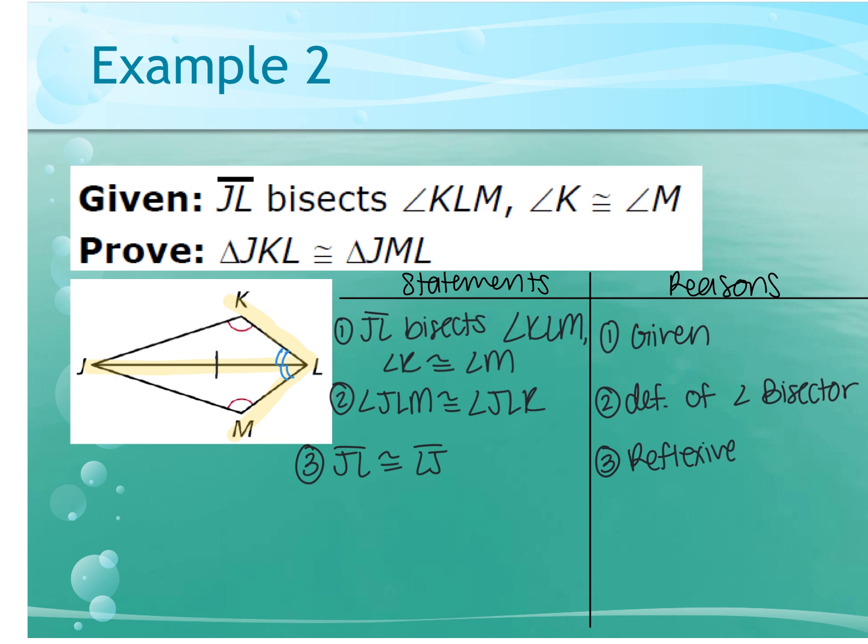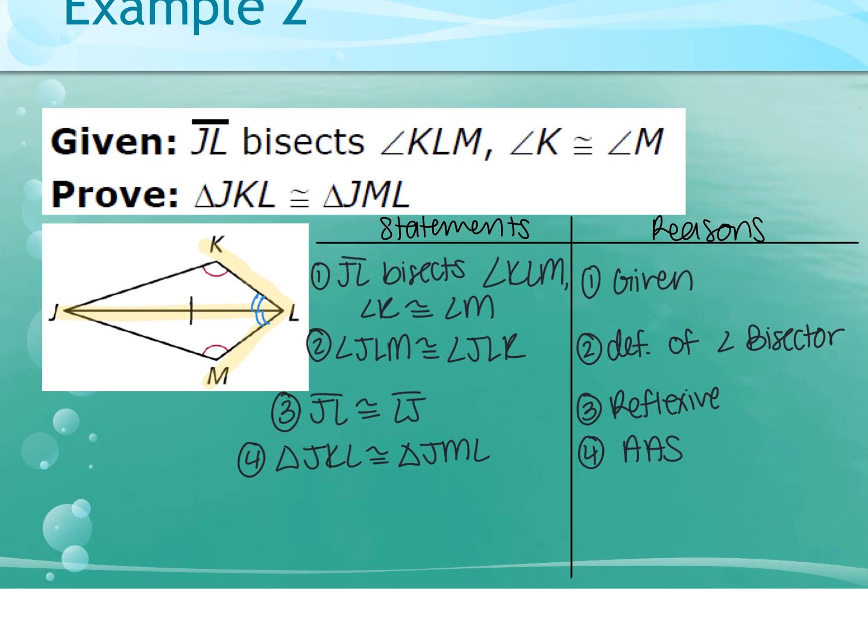That's my non-included side, and I have two angles. So yes, for 4, this one was done in only 4 steps. I'm going to say triangle JKL is congruent to triangle JML by angle, angle, side.